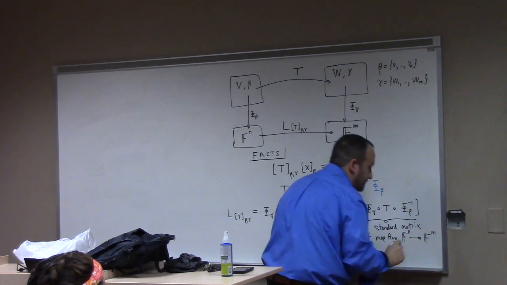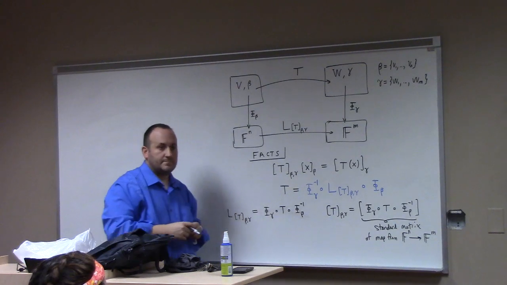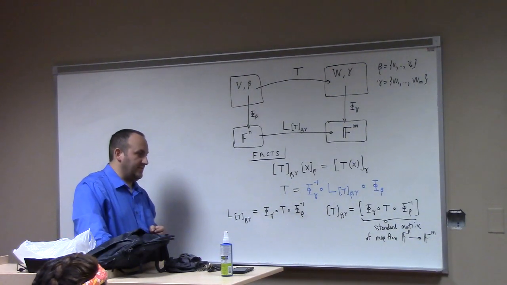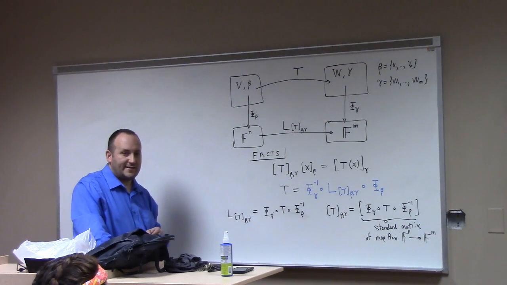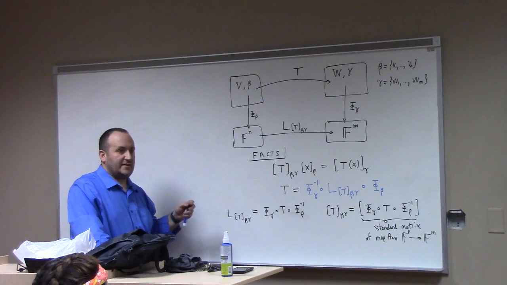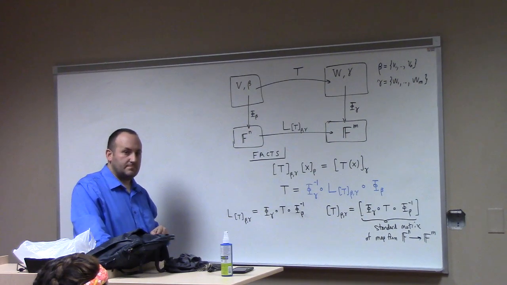So if you wrote R instead of F here, you'd be right for like 99% of the problems I ask you. Okay? So that's the setup. This is essentially just the definition. All right? Let's look at an example.